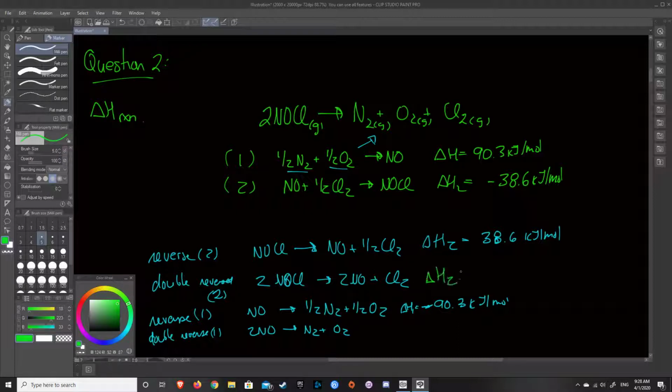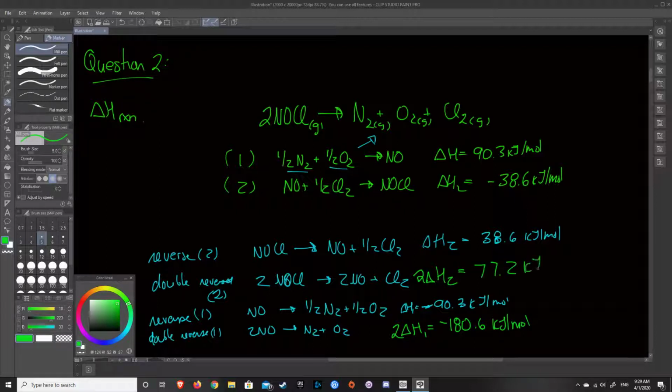This is 2 times delta H1 and 2 times delta H2. So in this case, we've got negative 90.3 times 2, and this will give us negative 180.6 kilojoules per mole. And for this equation, we're going to have 2 times 38.6, which is 77.2 kilojoules per mole.